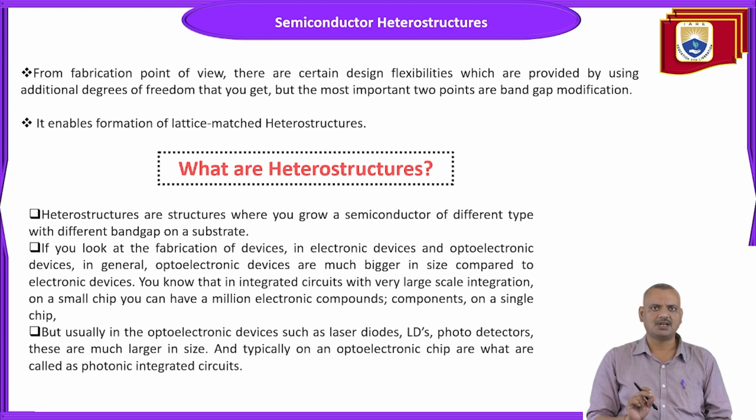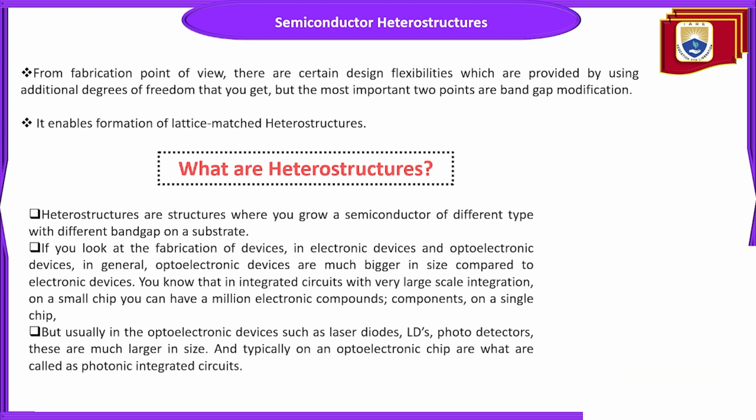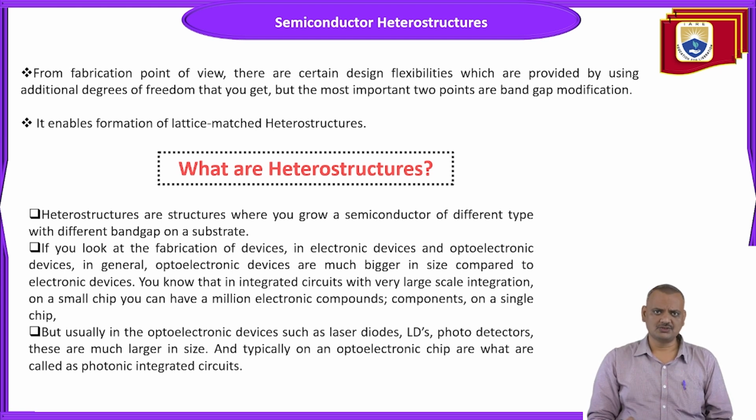Usually in electronics, in a very small region, you can construct a million electronic devices like diodes, transistors, or any other electronic devices. But usually optoelectronic devices such as laser diodes or photodetectors are much larger in size.